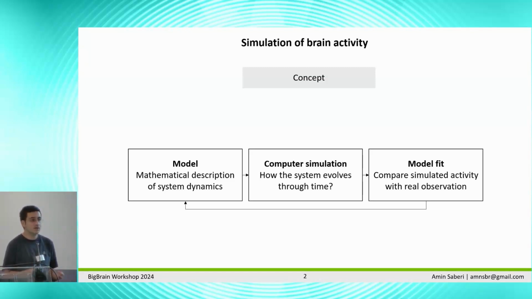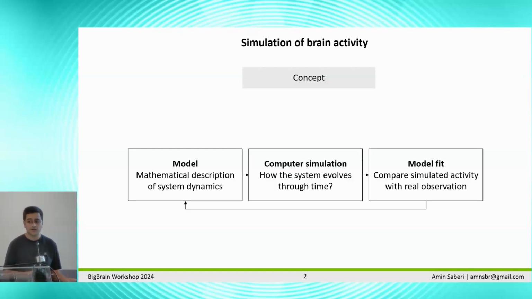These are usually a system of differential equations, which, for example, describe how firing rate or synaptic gating variable vary as a function of time and other inputs.